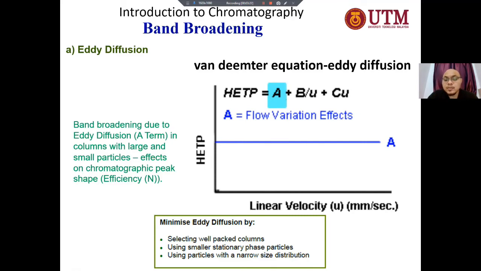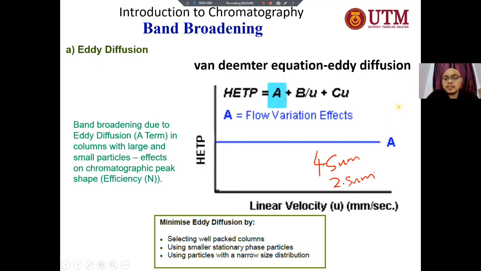I think you already understand about it. And then you can reduce the particle size of the stationary phase. For example, instead of 4.5 micrometer particles, you can use 2.5 micron. The next solution is using particles with a narrow size distribution.